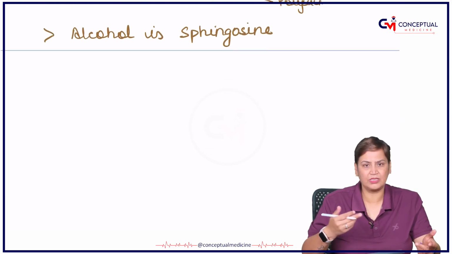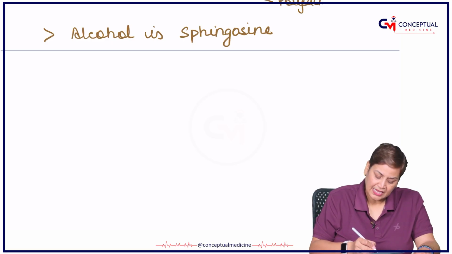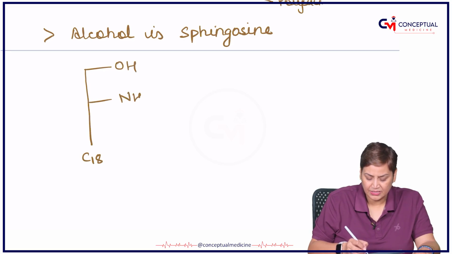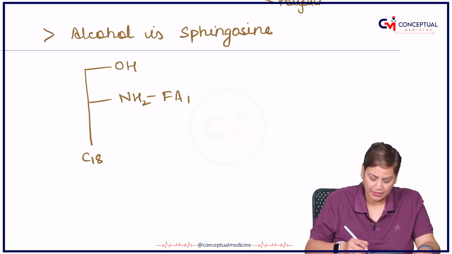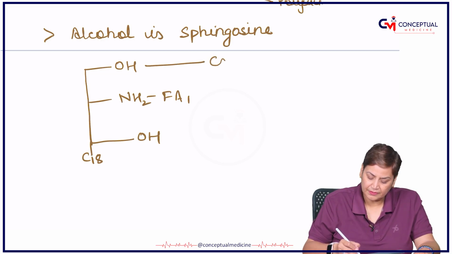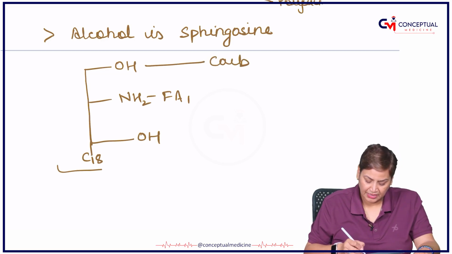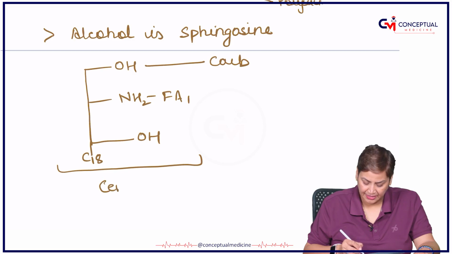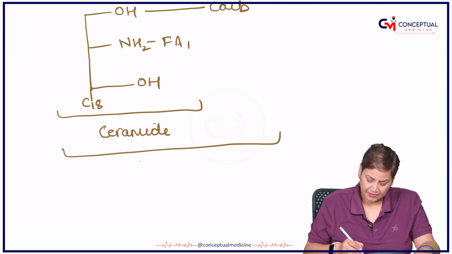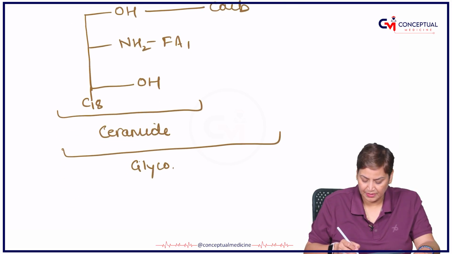So if we have to simply draw the structure of this, I can simply say C18, OH, NH2, fatty acid 1, OH, and it will be attached to a carb. So this structure is ceramide again, but this structure becomes glycolipid.